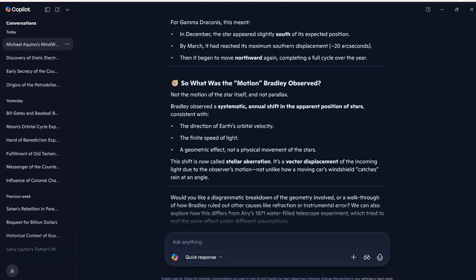It's a vector displacement of the incoming light due to the observer's motion, not unlike how a moving car's windshield catches rain at an angle. Okay, so what they're saying, a vector quantity has a magnitude and a direction, a size, that is, and a direction.